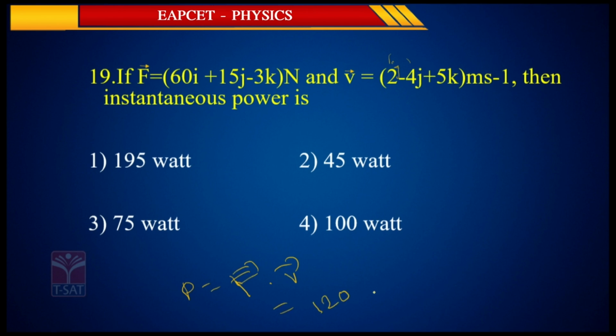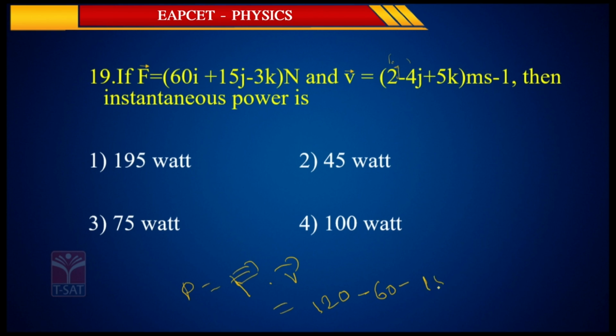60 into 2, what is that, children? 120. Plus into minus 15 into 4. Okay children, what is the value? 15 into 4, 60. Plus into minus 60, and plus into minus 3 into 5, 15.